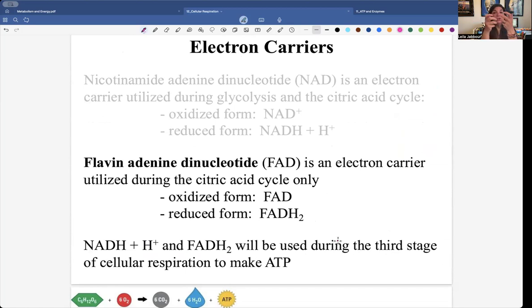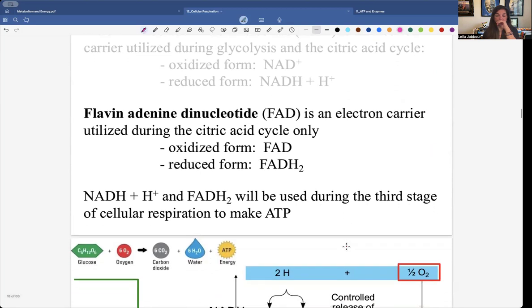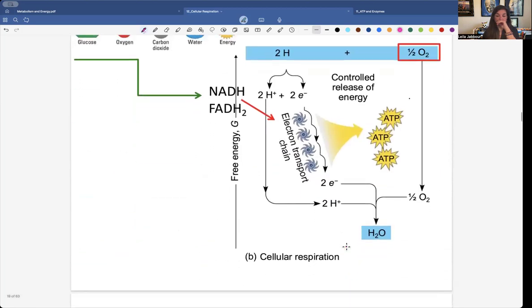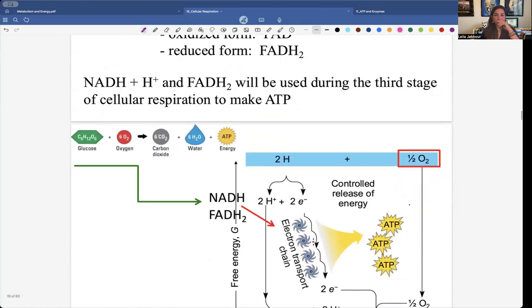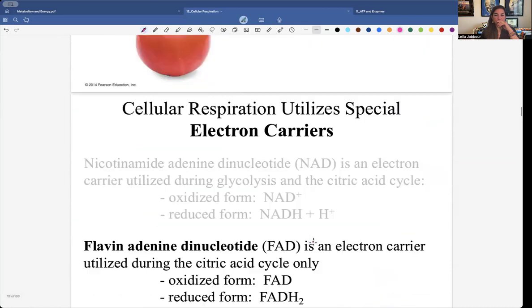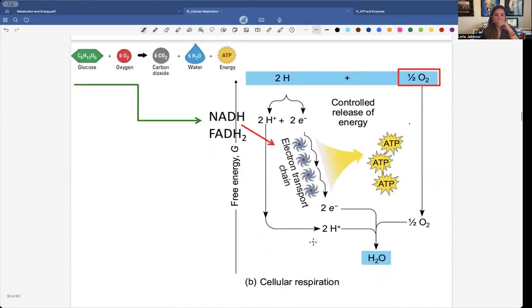They're going to carry the electron and pass it down, and it will be very important for that last step of cellular respiration. Okay, so just like NADH, FADH2 is going to be used as an electron transporter across that electron transport chain.